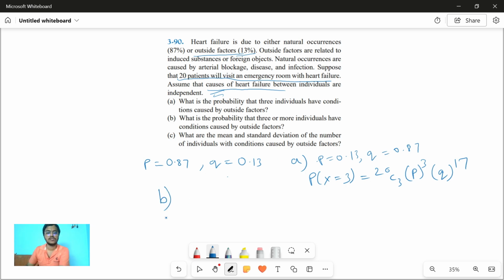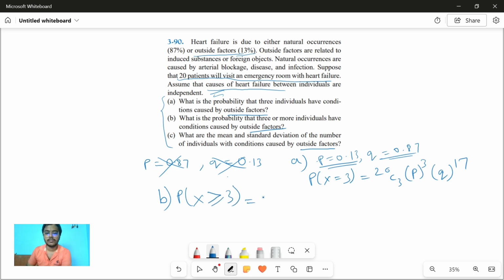Next subdivision: what is the probability that three or more individuals have conditions caused by outside factors? In all the questions, they have given outside factors as the question itself, so you can directly take P as 0.13 and Q as 0.87 for every question. Three or more means X is greater than or equal to 3.